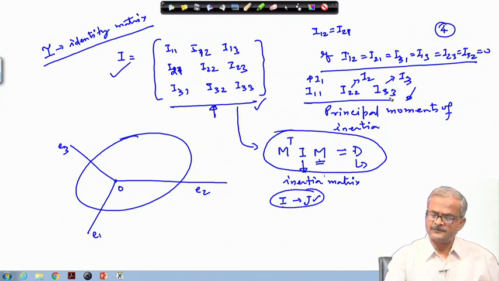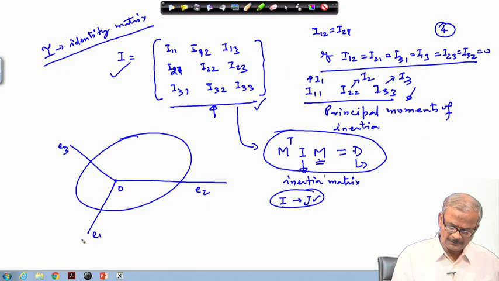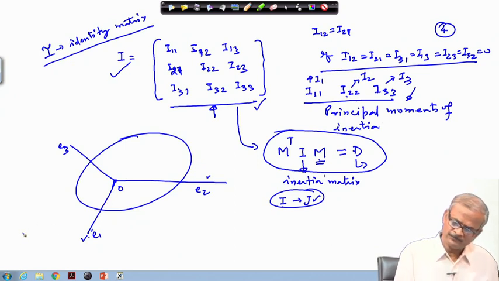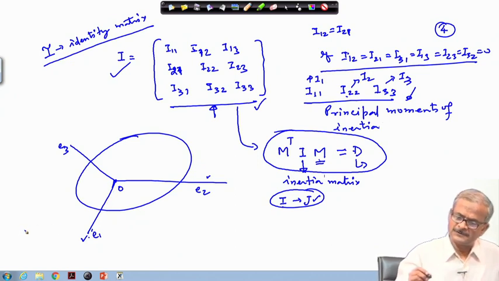So we drop that notation I 1 1, I 2 2, and the off-diagonal ones are the products of inertia. Okay, let us go on to the next page.